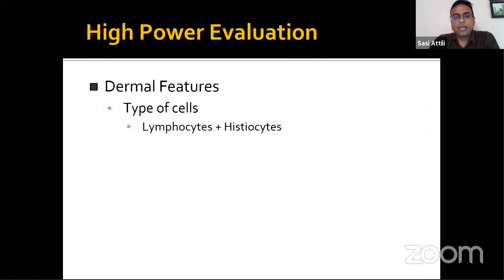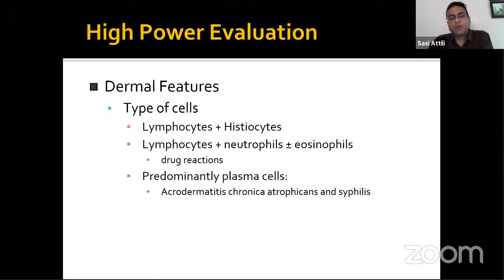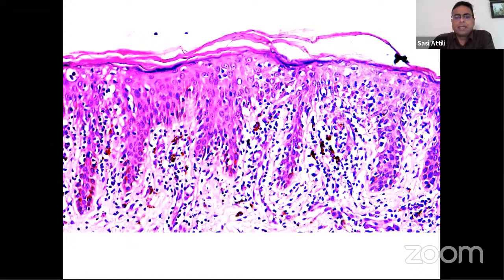All right. So looking at type of cells, we looked at lymphocytes with histiocytes, then lymphocytes with neutrophils and eosinophils, drug reactions, predominant plasma cells seen in syphilis, acrodermatitis chronica atrophicans. The next thing we look for in the type of cells is this. Anybody know the answer to this? What is the diagnosis here?